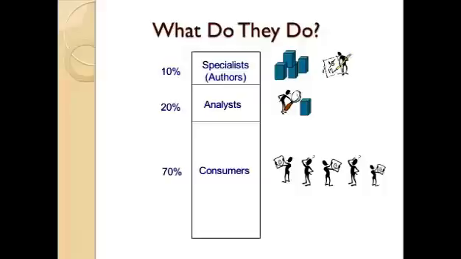I would argue that people at the top are probably just consumers, as opposed to specialists, which make up the smallest body of users, because they require different skills, and they have different needs for OLED data, as you will see in the next few slides.